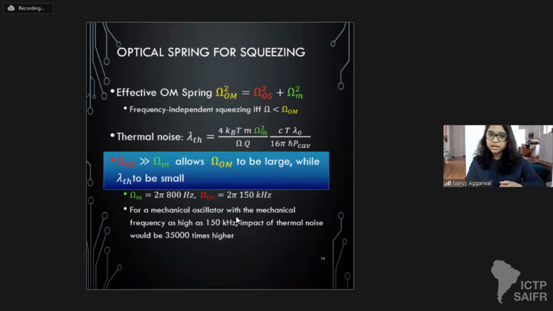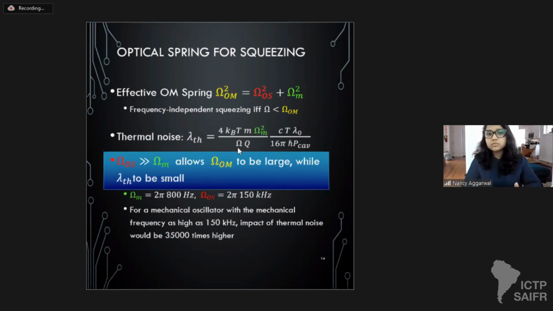And that actually goes back to the thermal noise problem. So the effective combined spring in the system can be written as the optical spring squared plus the mechanical spring squared. And to get this broadband frequency-independent squeezing that we want, you want to measure at frequencies less than this effective optomechanical spring frequency.